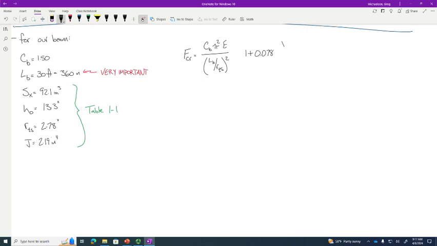0.078, we have a fraction, and then that's slenderness squared. That's the square root of all of that, okay? So like I said, this is just a really big equation. We just need to muscle our way through it, okay?